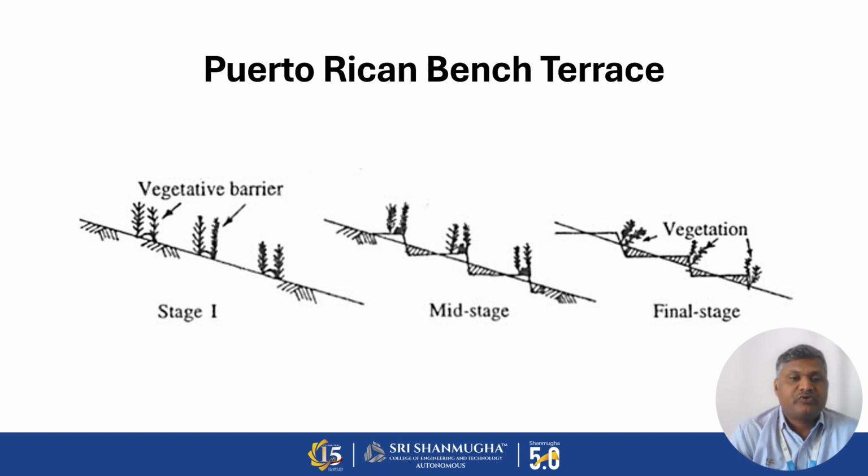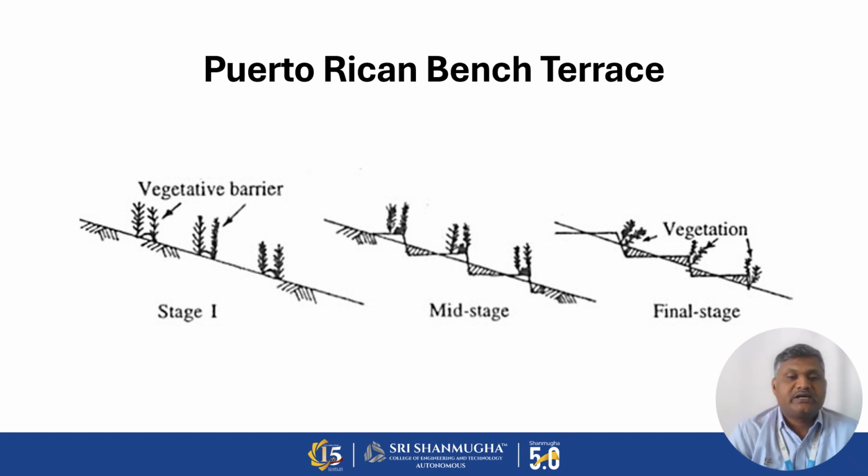In stage one, they develop the vegetative barrier in the hills; they just grow the crop. In the mid stage, they construct the bund stage by stage. So that the contour bench terraces will be constructed fully at the final stage.